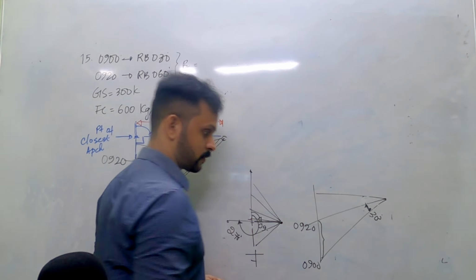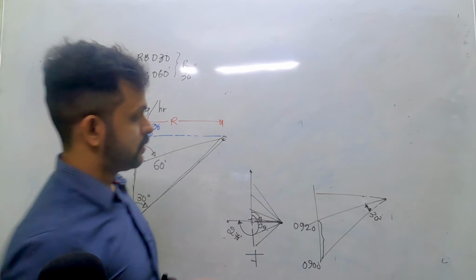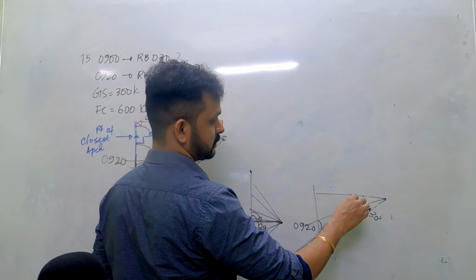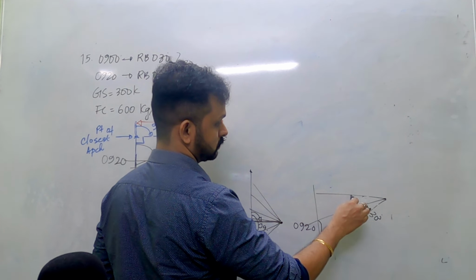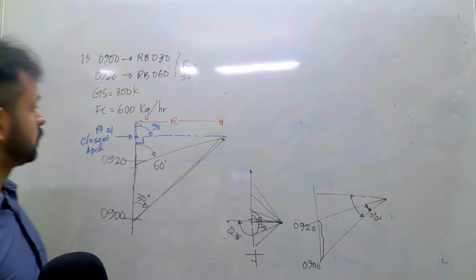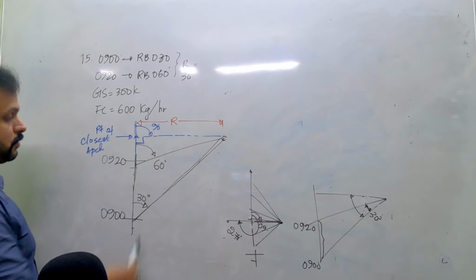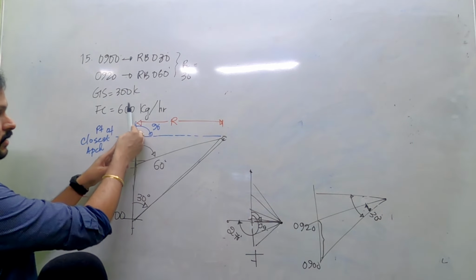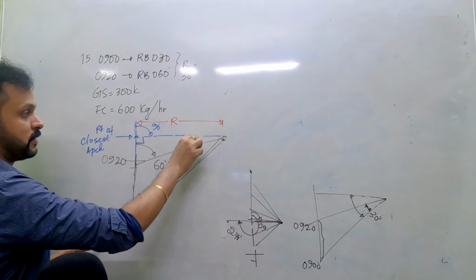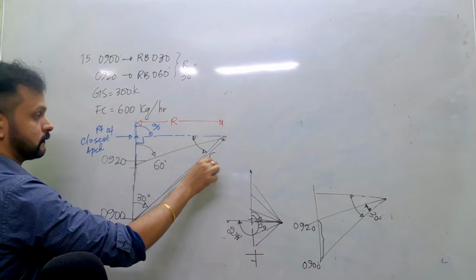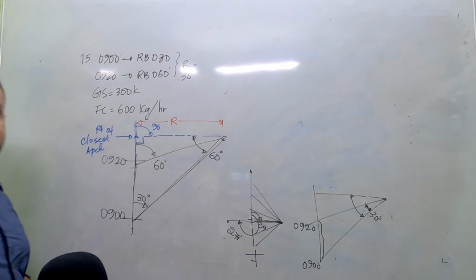Now, what do you think is this total angle? This is 30 degree relative bearing, and this is 90 degree relative bearing, which means this total angle has to be a bearing change of 60 degrees.